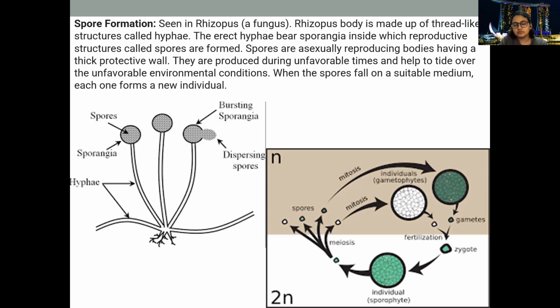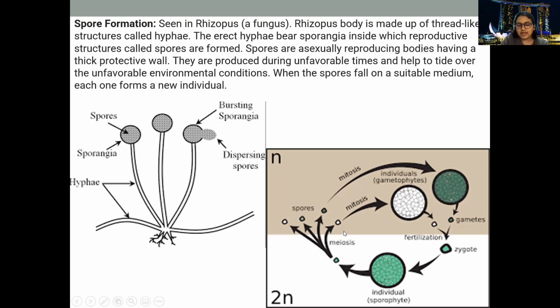In this type of organism, there are two stages of their life cycle: one where they do sporogenesis, bearing the spores, and another where they do gametogenesis, bearing the gametes.